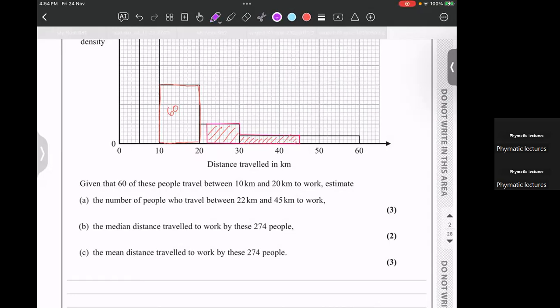We don't know what these 5 grids represent, or what is the value of this complete block, or what is the respective frequency density for these 5 grids. So we can just keep this height as h, and the distance between 20 and 10 is 20 minus 10, that is 10.